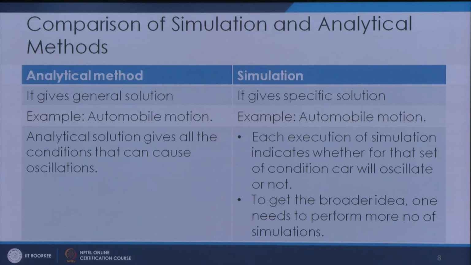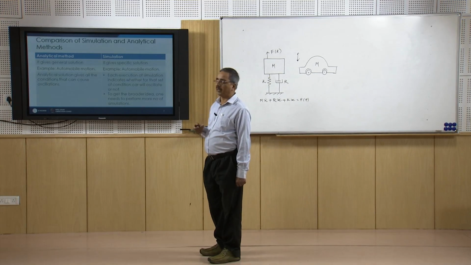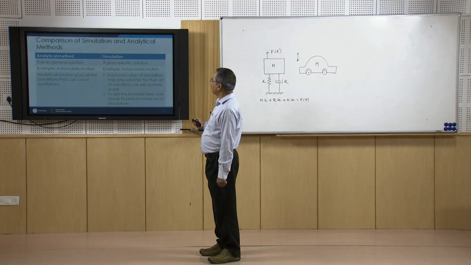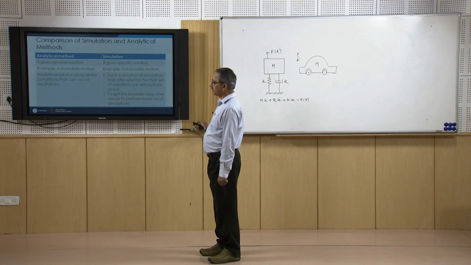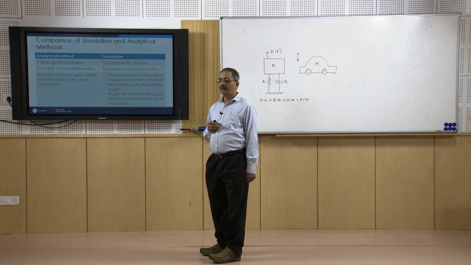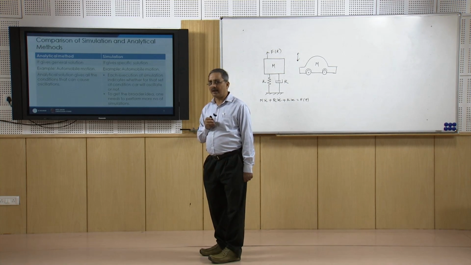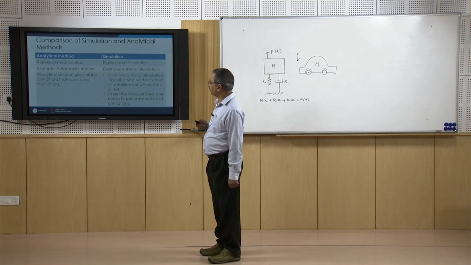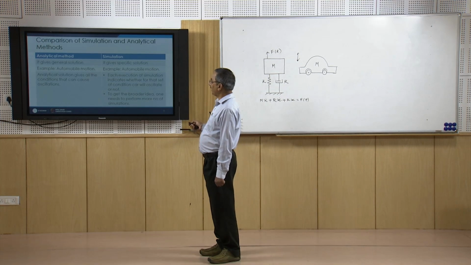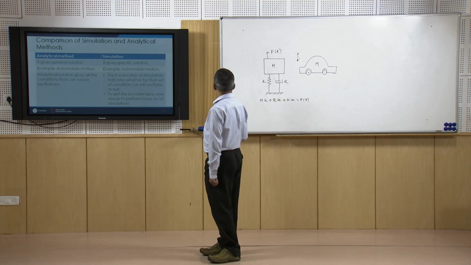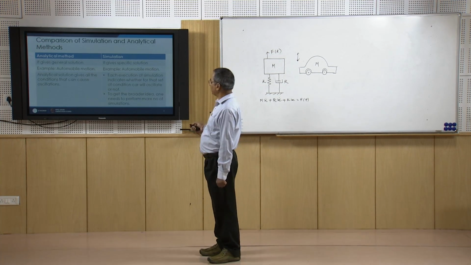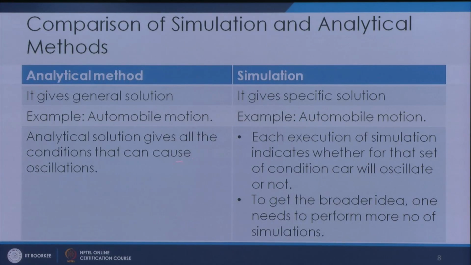So, from the general solution we can infer the behavior of the system, whereas the simulation results give us the specific solution for a specific set of input parameters and initial conditions. So, if we take the example of the same automobile motion which I have just discussed here, the analytical solution gives all the conditions that can cause oscillations.